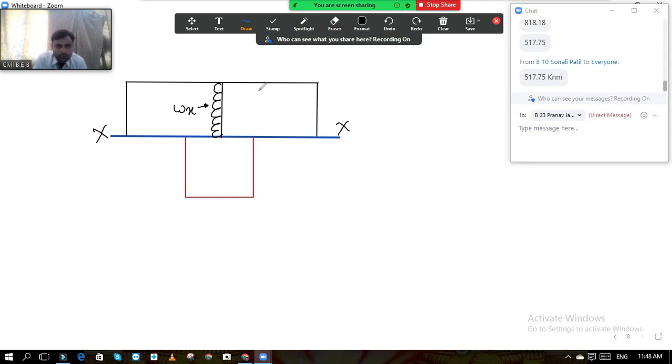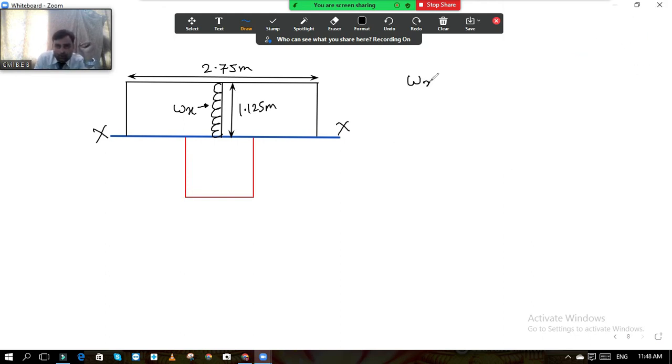This length you already know, from this point to this point, we have already calculated 1.125 meters, and this length is 2.75 meters. Again same thing will be there. If I want to calculate WX, my intensity is 297.52 multiplied by, now I want the UDL on this length.